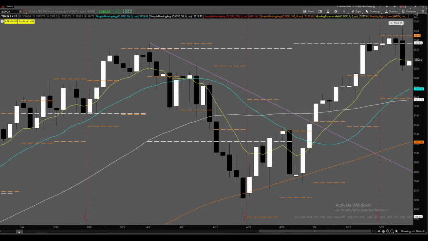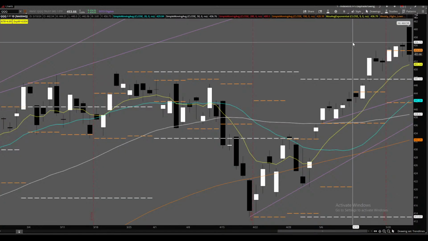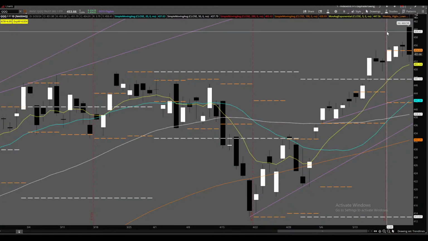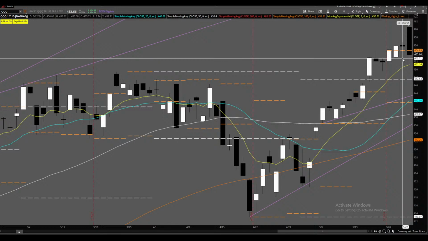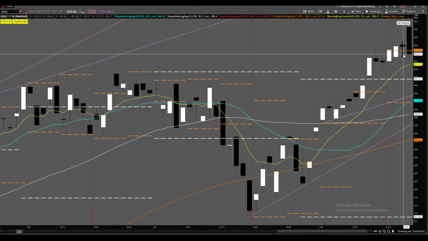So let's look at the Qs. Look at the Qs, boy. Look at that. Now 460 was a very big gamma level. All right, so it passed it, but look at that, just all the way up there, and then wham, closed below last week's highs.